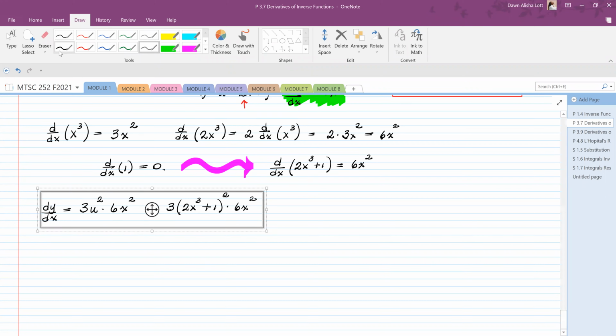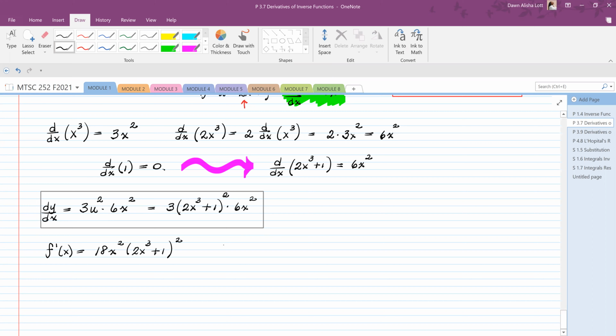So f prime of x, the 3 times the 6 is going to give me 18x squared times 2x cubed plus 1 squared.